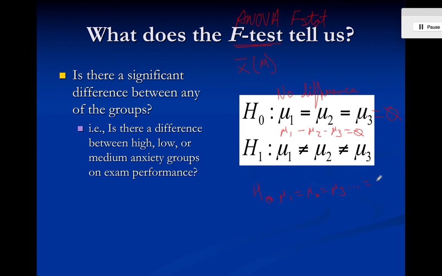The reason it has the dot dot dot is because, again, remember that ANOVA assumes that you have 3 or more groups, a minimum of 3, but you may potentially have more groups. So in the case where you were to have more groups, let's say 4, 5, or 6 groups, you would continue to say mu1 is equal to mu2, which is equal to mu3, which is equal to mu4, which is equal to mu5, etc.